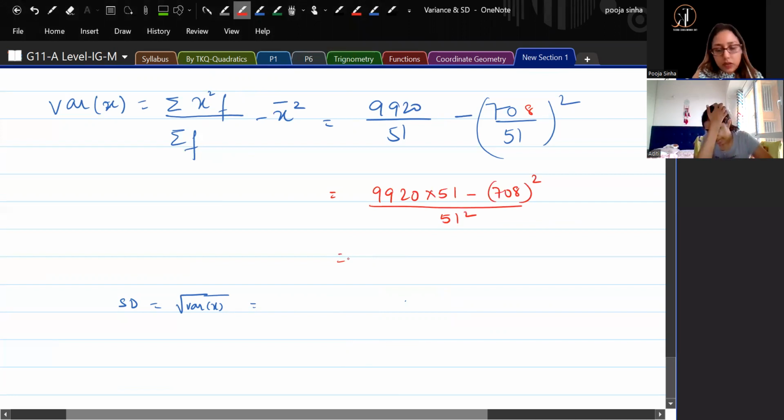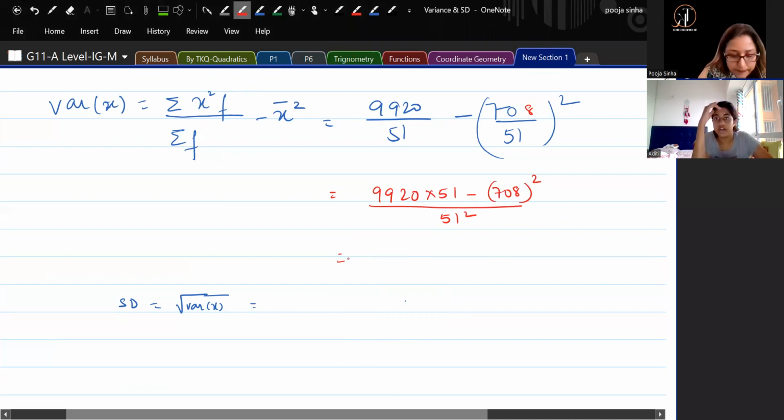It'll be 1.79 for variance, and under root of variance in this case will be 1.34. I'm taking it to at least three significant figures. I'll also check quickly. Minus 708 divided by 51.